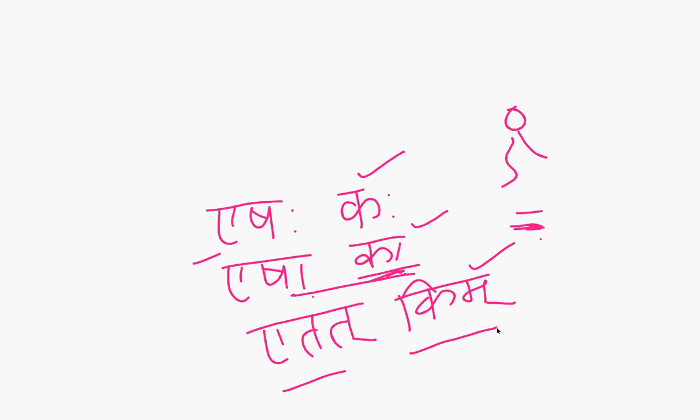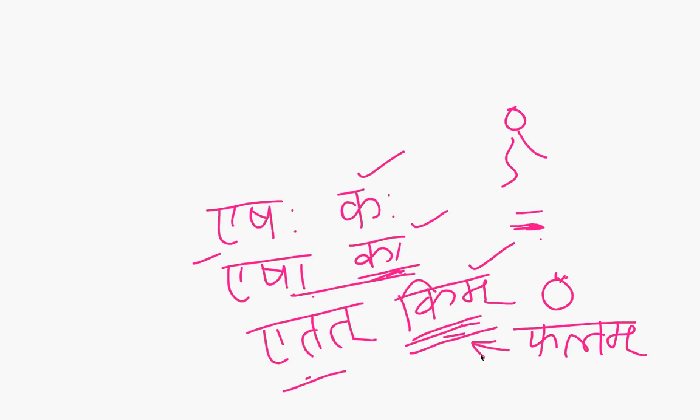So etat kim. If it is a phalam, fruit, that phalam word is neuter gender, napumsakalinga. So we use etat kim here, because we want to use this word kim for the question whose answer is a word of the neuter gender.